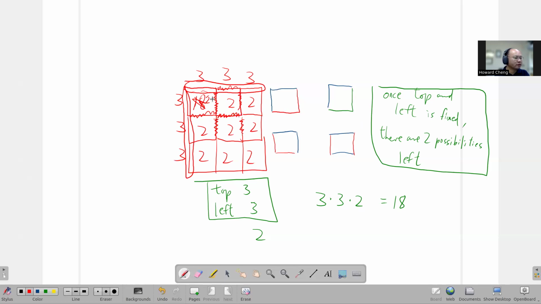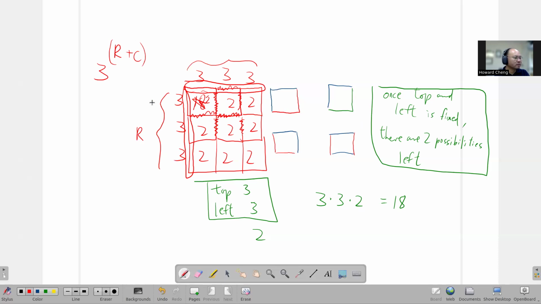And then for each of the squares, you have 2 ways to choose it. So the answer is actually the number of rows, number of columns. Each one has 3 choices.